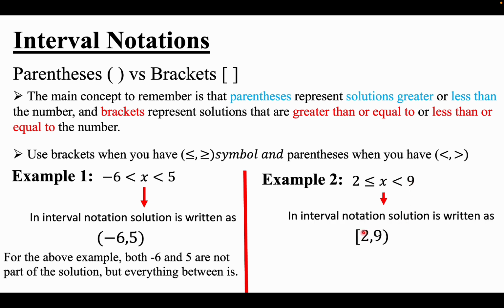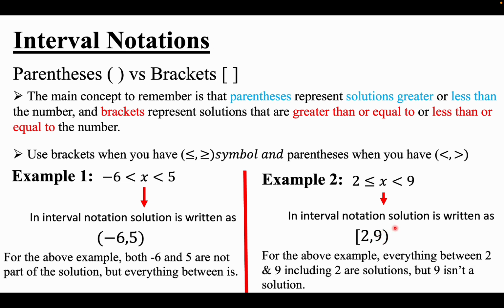So bracket around the 2 and parentheses around the 9. And again, this means 2 is part of the solution, because x could be greater than or equal to the number 2. Over here, x has to be less than 9. It cannot be 9, right? That's why we have the parentheses, meaning 9 is not part of the solution in this case.